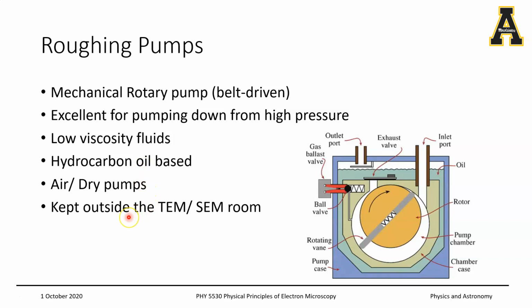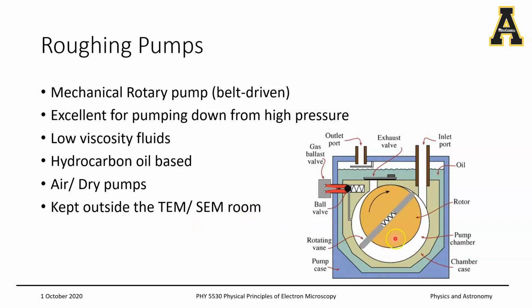And usually they are not kept within the TEM or SEM room if you're using, let's say, a field emission source or a thermionic source, because these pumps are mechanical, so they generate a lot of vibration. If you're doing sub-nanometer resolution measurements, then you definitely want to isolate that vibration from the room completely and have long pumping lines so that the vibration does not interfere with your measurement itself.